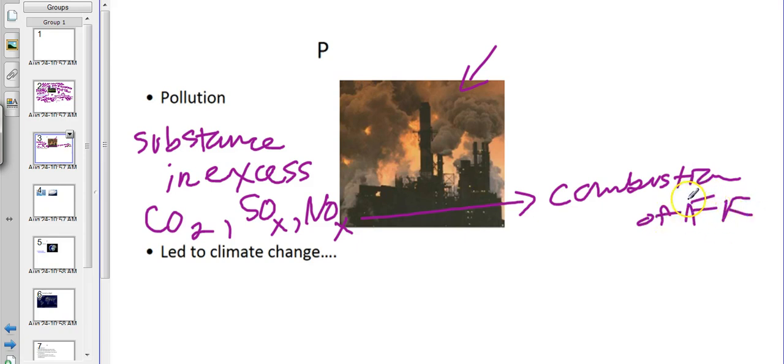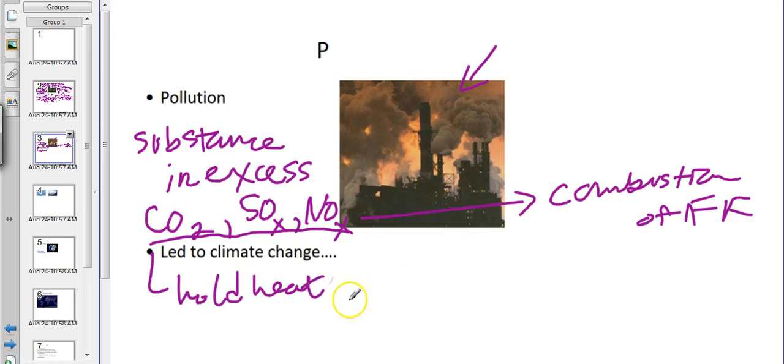So we burn fossil fuels to convert that energy into mechanical energy, which then becomes electrical energy, and that's what we use to power things. The problem is that there's byproducts of burning fossil fuels like these three here, and all three of these hold heat.